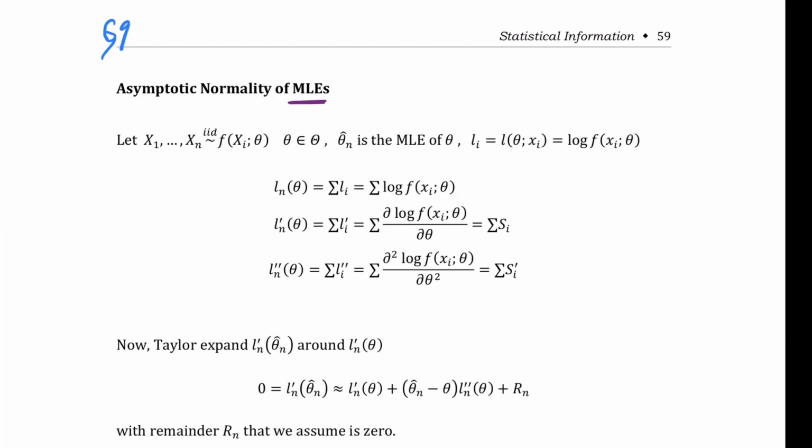I think before we start this, I need to talk about why. Who cares? And the answer is you do. And you say, nah, that's not true. But it is true. It's true if you want to do inference on the maximum likelihood estimator.